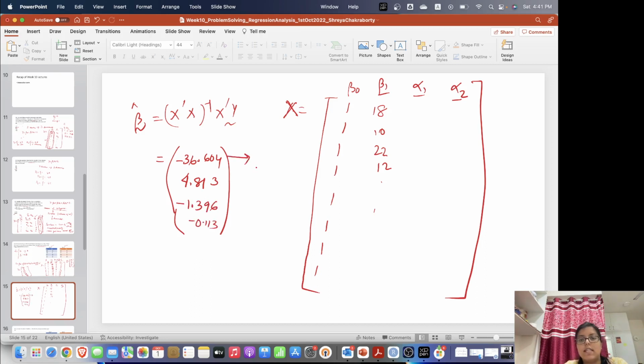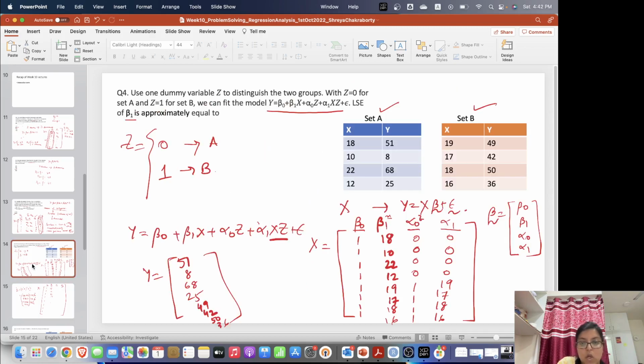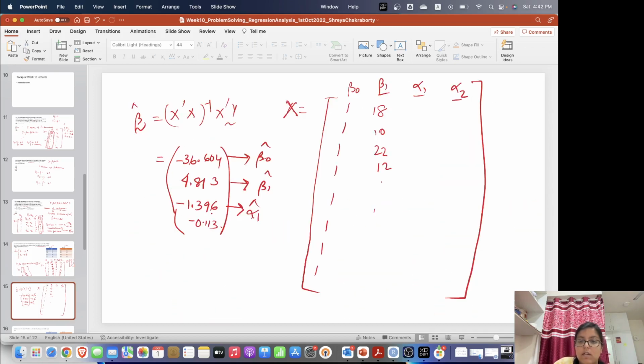This is the estimate of beta naught. This is the estimate of beta 1, designated as beta 1 hat. This is the estimate of alpha naught, my bad, and this is alpha 1 hat.